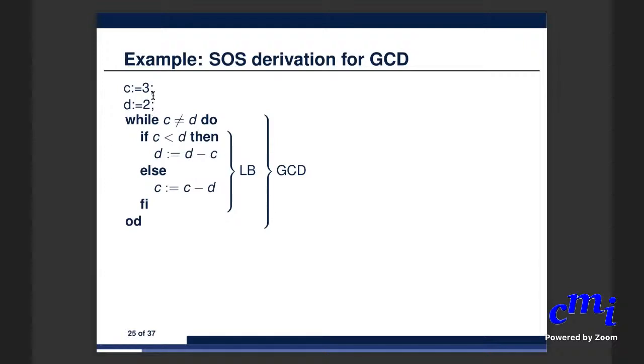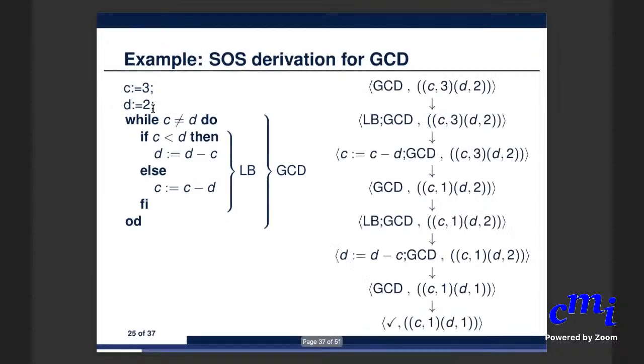We start with an initial configuration in which C is assigned 3 and D is assigned 2, and we apply the inference rules to derive a derivation sequence for this program. So we start with the entire program GCD, with the initial configuration where C is 3 and D is 2.